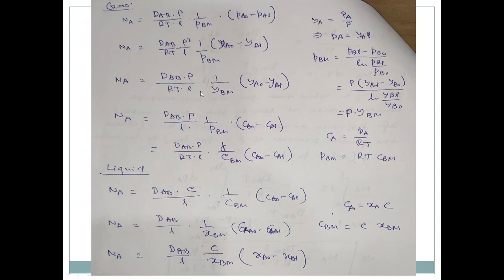So this one P will be cancelled out. So this will be your flux of A in terms of mole fraction in the gas phase. Why? The driving force is in terms of mole fraction, YA0 and YAL.